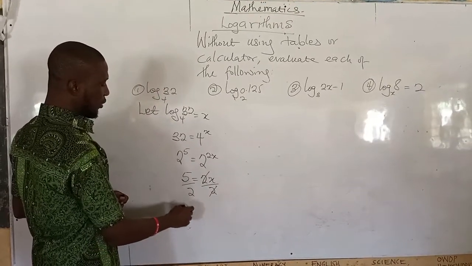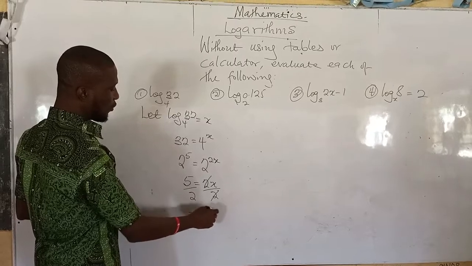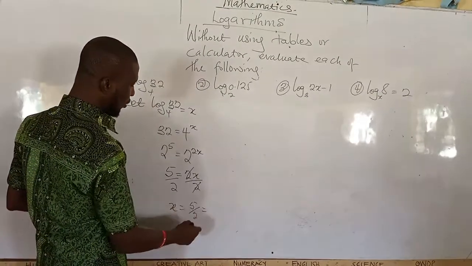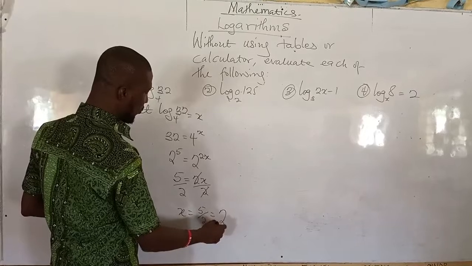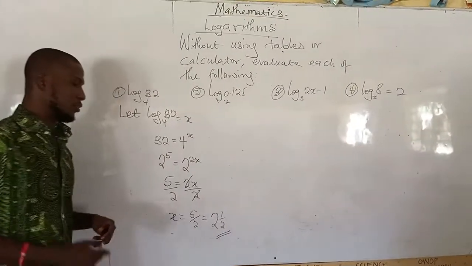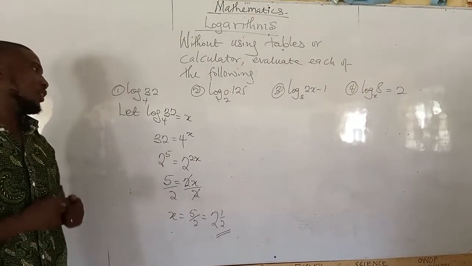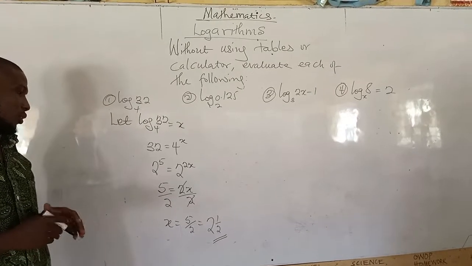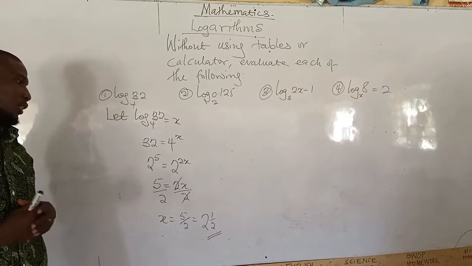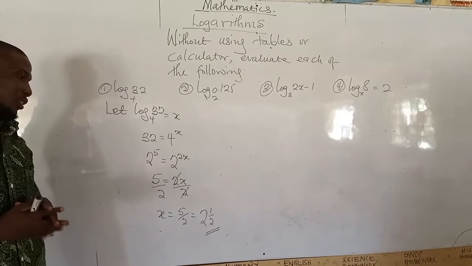And our x will be equal to 5 over 2, or as a mixed fraction, 2 and 1 over 2. This is the value of our x. It means that 4 raised to the power 5 over 2 gives us 32.